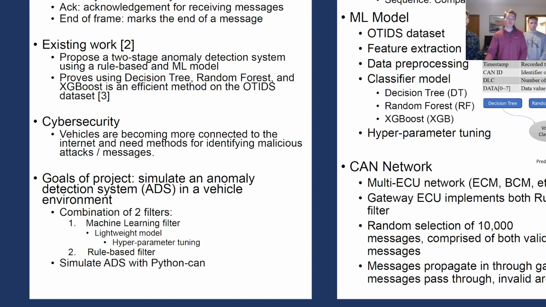So within the scope of our project and timeline of generating these changes, we were not able to take our model and run it on a vehicle, although this lies in an opportunity for future work. So we were, however, able to evaluate our model using Python and a CAN-based library to simulate our anomaly detection system.